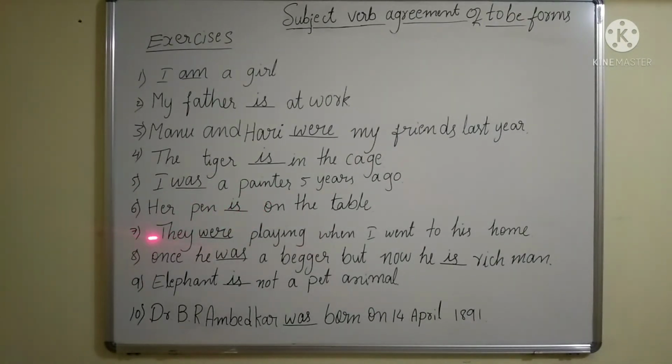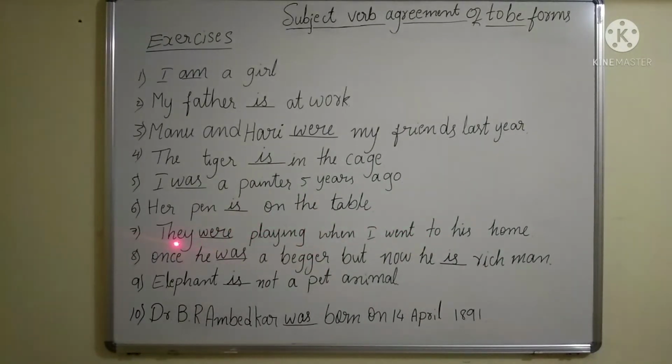The seventh one. They were playing when I went to his home. See, you can notice here, when I went to his home. This phrase tells us that this sentence is in past tense. It's very obvious. I went. Went is the past tense verb. So, the sentence is in past tense.